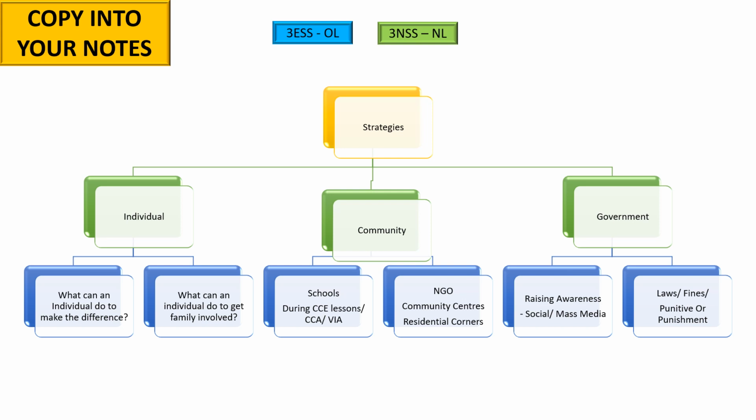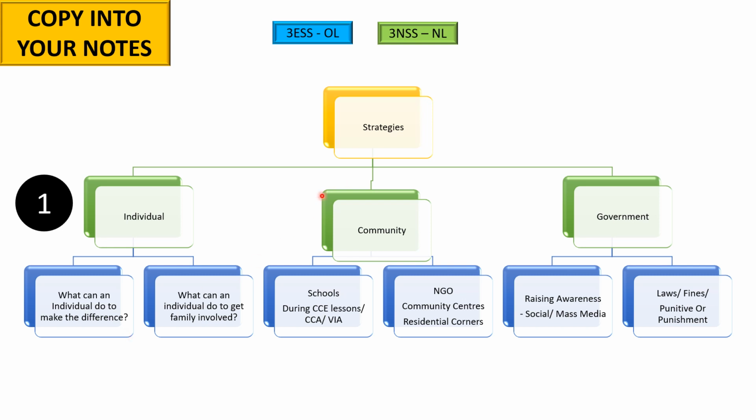Now, for both O level and N level, when we talk about strategies, we look at the individual. For the individual perspective, what can you say? You can say, how can an individual make a difference? What can an individual do? Or what can an individual do to get the family involved? So when we talk about maintaining public cleanliness, what can an individual do?